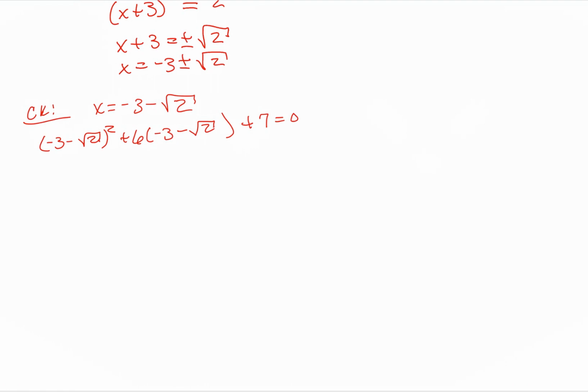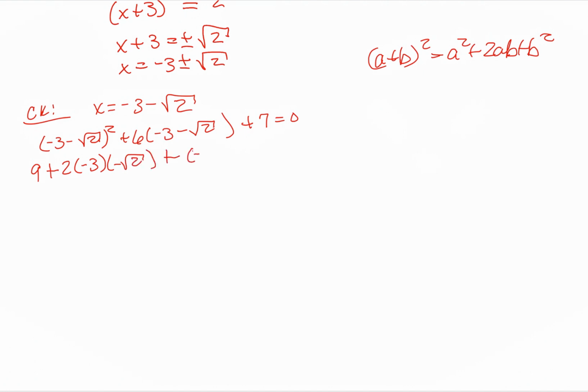I wrote that wrong, didn't I? If we multiply this out, or we can go back and use a plus b squared equals a squared plus 2ab plus b squared, then what we get is 9 plus, and I'm going to just put the numbers in, -3 minus the square root of 2 plus negative square root of 2 squared minus 18 minus 6 square root of 2 plus 7 equals 0.